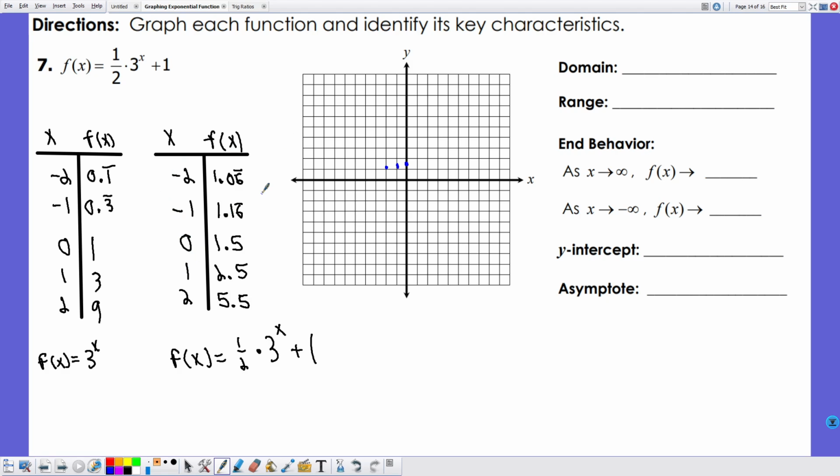At 1, we are at 2.5. And at 2, we are at 5.5. So our graph is going to look something like this.